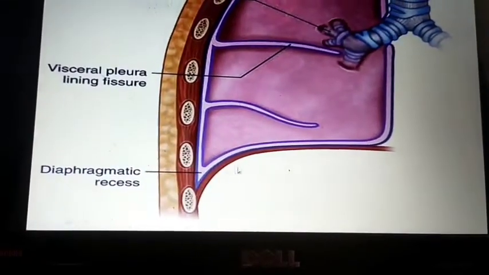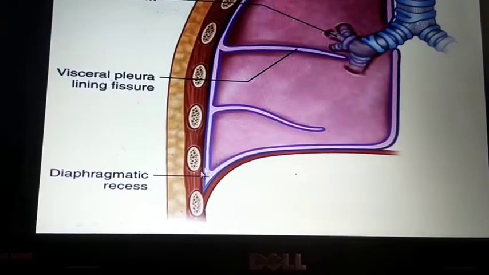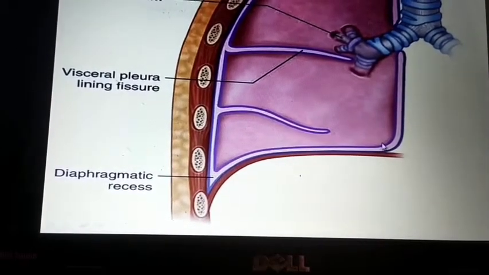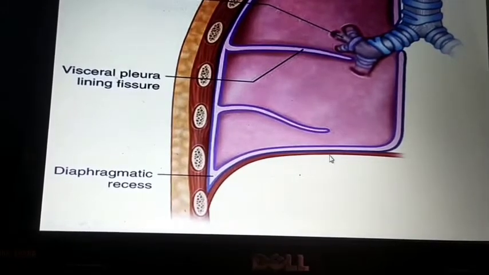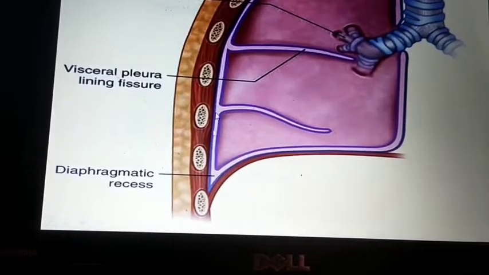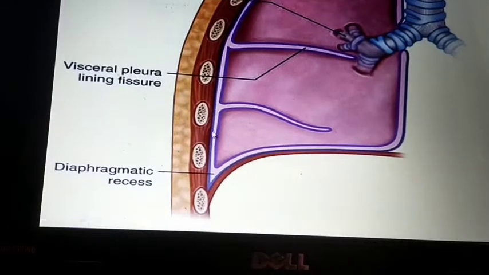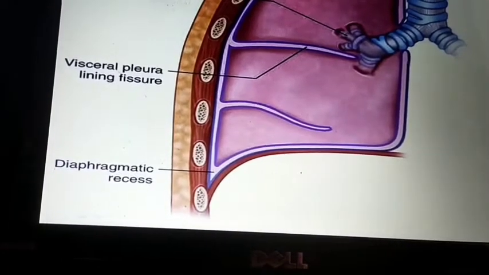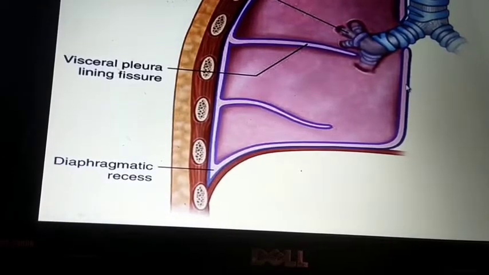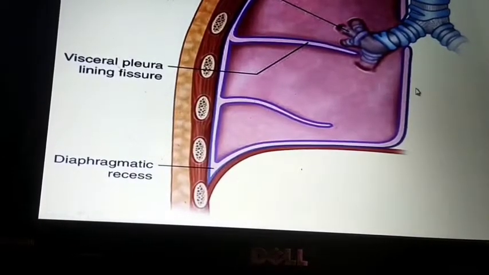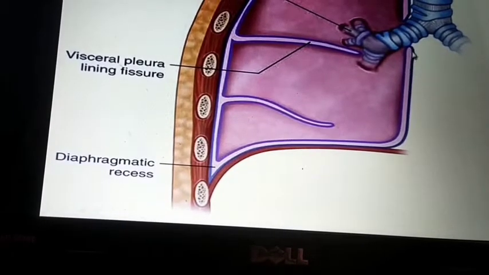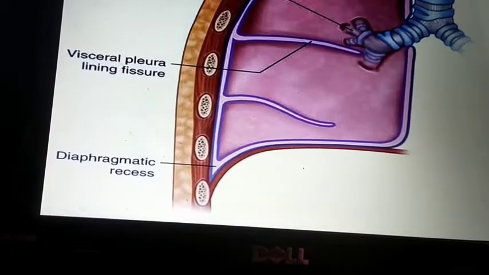This is the diaphragmatic surface, and the parietal pleura that covers it is the diaphragmatic pleura. The part attached to the internal thoracic cavity is the costal pleura. The part attached toward the mediastinum, lateral to the mediastinum, is the mediastinal pleura.